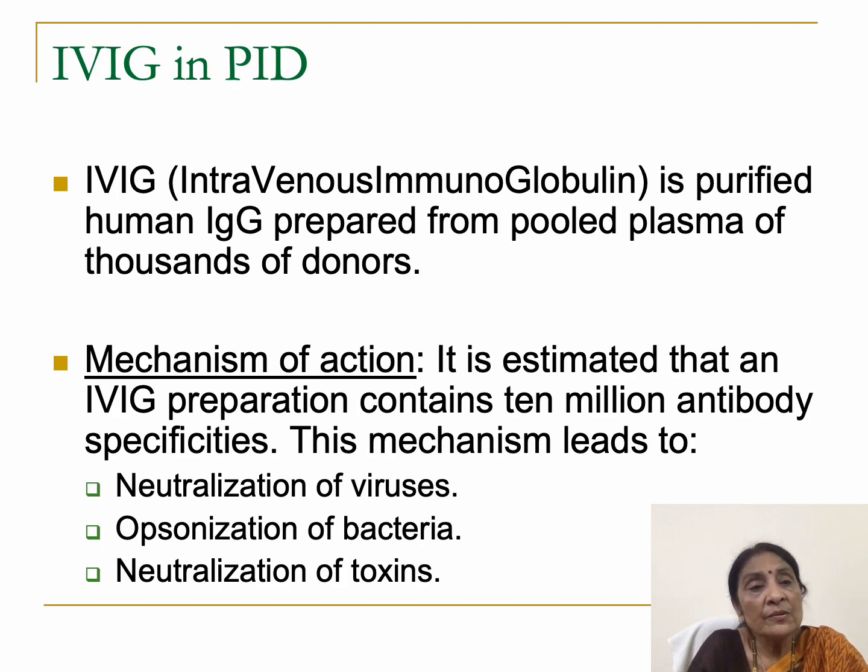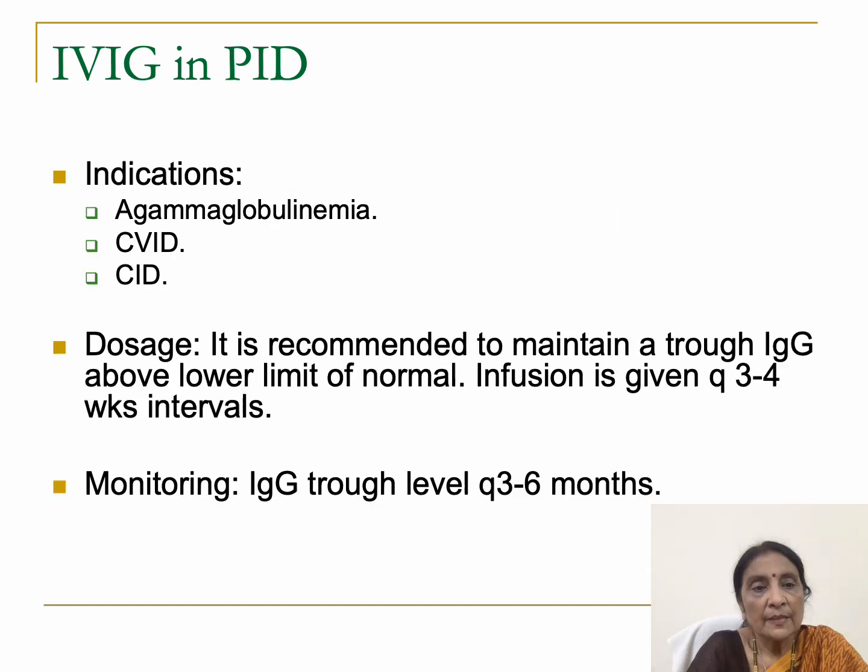Now, what is the role of IVIG in PID? IVIG is purified human IgG prepared from pooled plasma of thousands of donors. Mechanism of action: it is estimated that an IVIG preparation contains 10 million antibody specificities. This leads to neutralization of viruses, opsonization of bacteria, and neutralization of toxins.